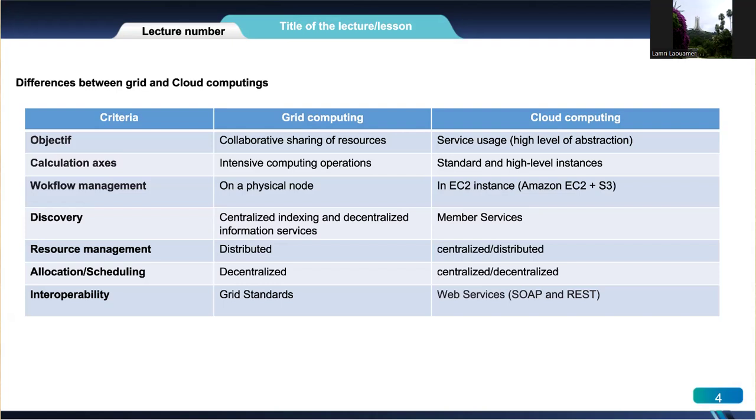Clouds offer a wide array of service models, including infrastructure as a service, platform as a service, and software as a service. Infrastructure as a service provides virtualized infrastructure. Platform as a service offers platforms for developing and deploying applications.